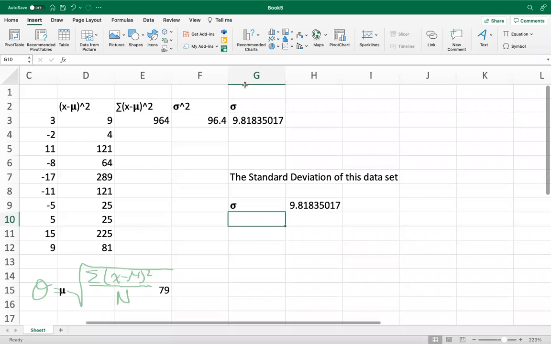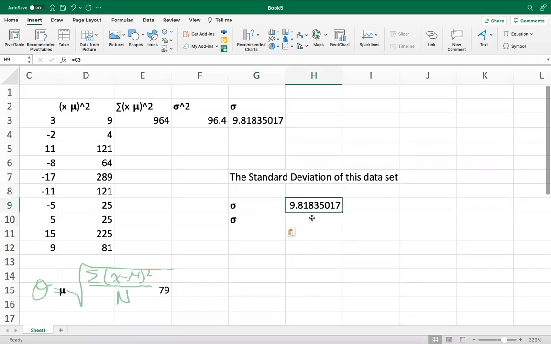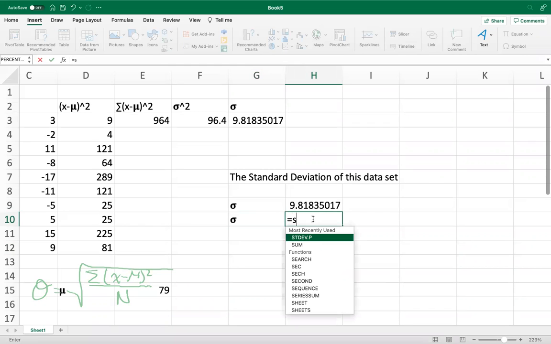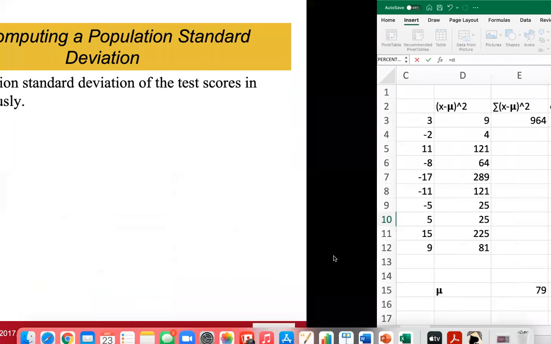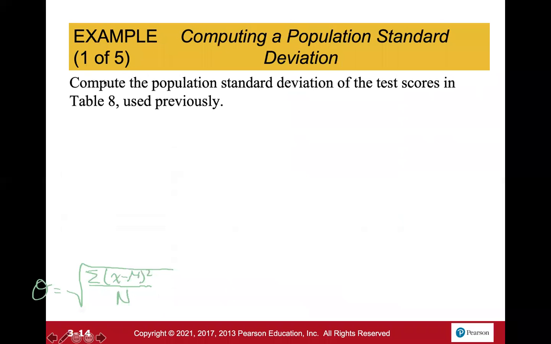Of course, with all of this data, there's an easy way that we could find it. Excel has a pre-computed way of computing this stuff. So this is going to be equal to standard deviation, STDEV. Remember, we have two different kinds: standard deviation of a population or standard deviation of a sample. Here, they told us that it was the standard deviation of the population.